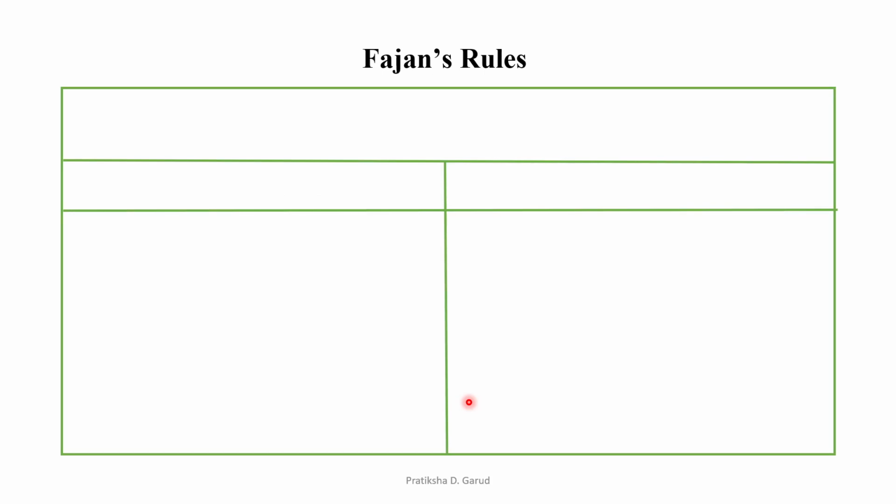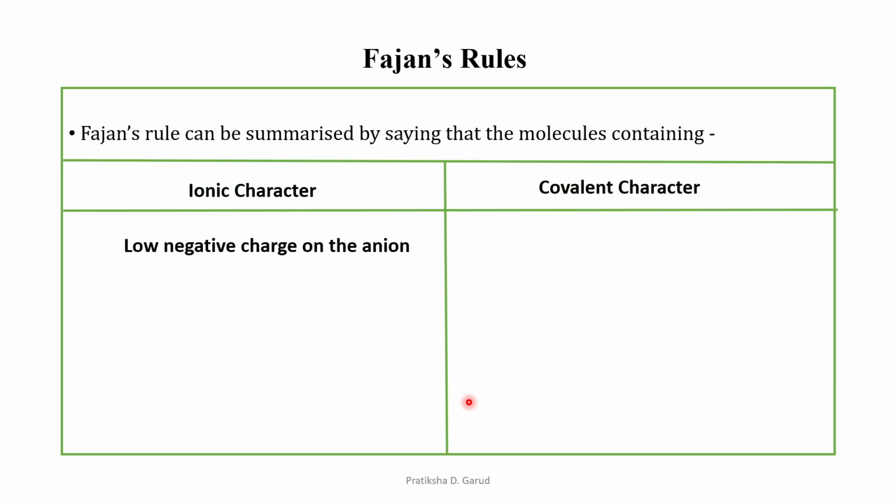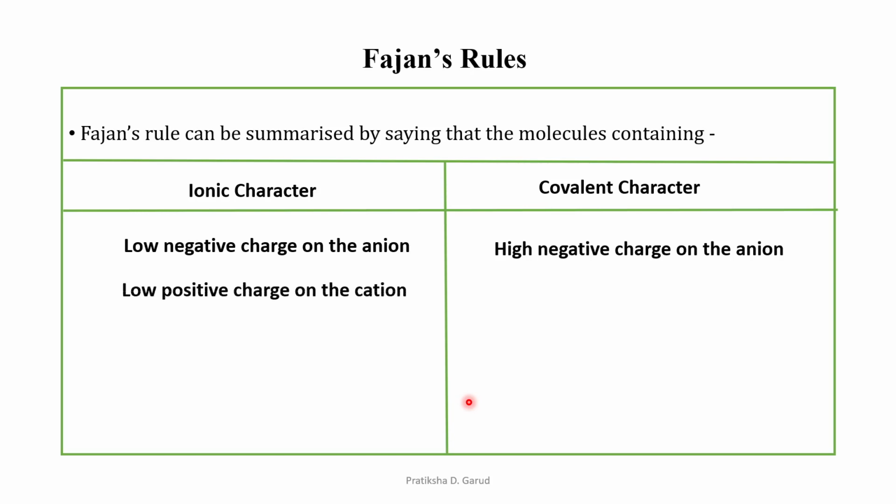Then let us summarize Fajan's rules. Fajan's rules can be summarized by saying that molecules contain ionic character and covalent character. Ionic character is considered when we have a low negative charge on the anion, whereas covalent character is considered when we have a high negative charge on the anion.